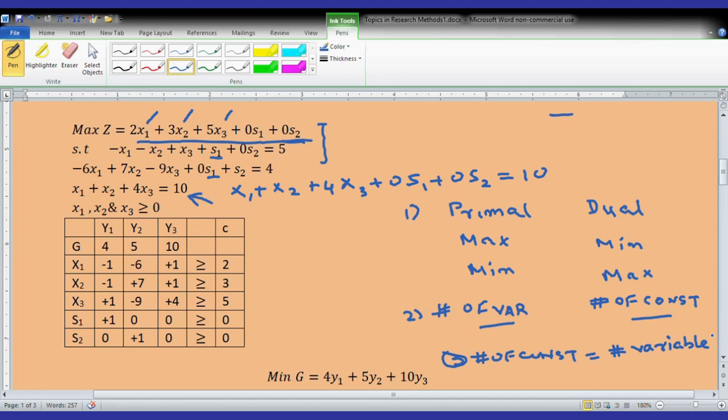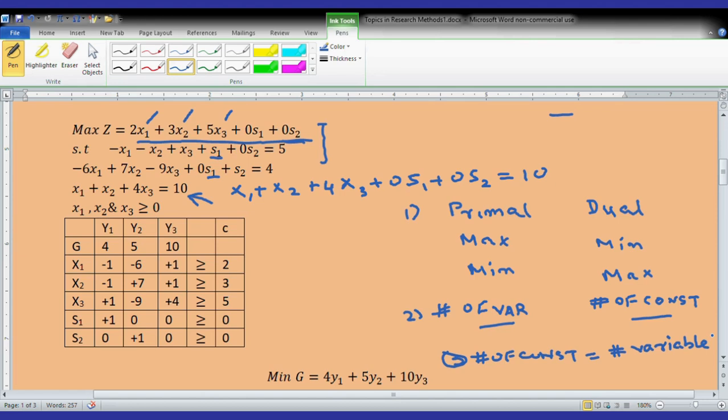So we will only have to solve for 3 unknowns rather than 5 unknowns, which is more convenient, so we may want to do that sometimes.